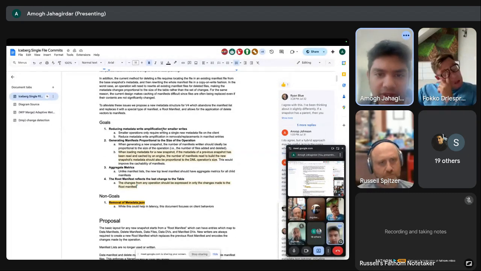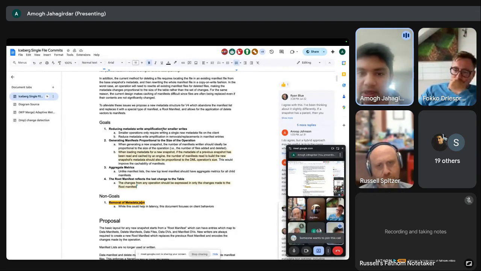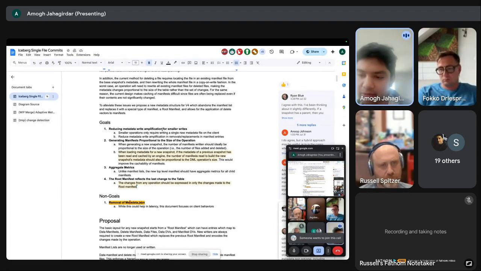Okay, cool. At the core of this, like I said, we do want to reduce metadata write amplification for smaller writes. There are certain operations which are writing a new metadata file on the client. We could also reduce metadata write amplification for removals and replacement of manifest entries.